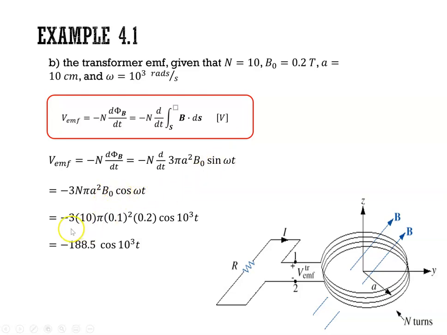Now plug in all the values of N, B0, a, and also ω, and the final answer is equal to minus 188.5 cos 10³t. So that would be the VEMF, which is in volts.